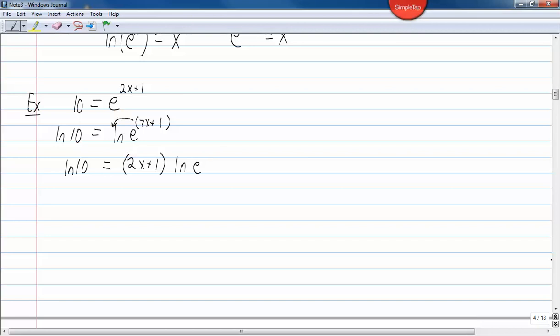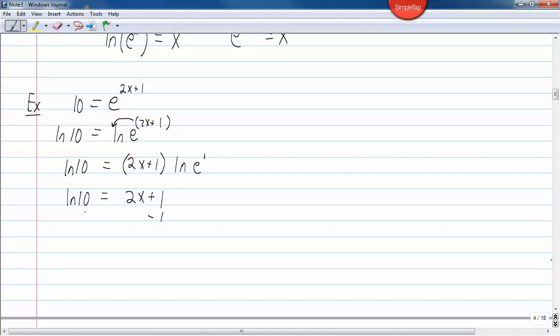Okay, so if I want to solve for x, there's a couple of ways that I can do that from here. Just solve the equation by whichever way you feel the most comfortable in doing. But the natural log of e, remember, is just going to be equal to 1. So I really just have natural log of 10 equals 2x plus 1.